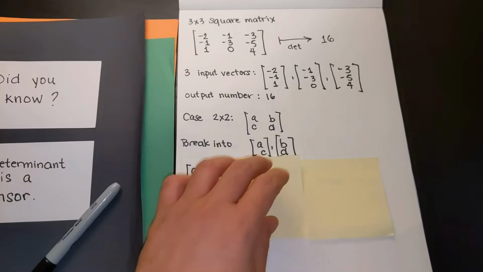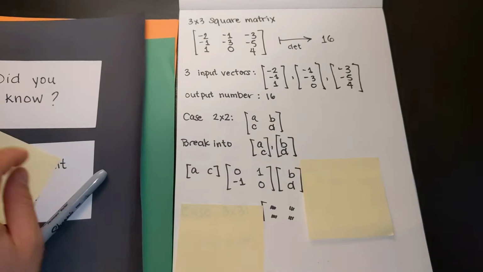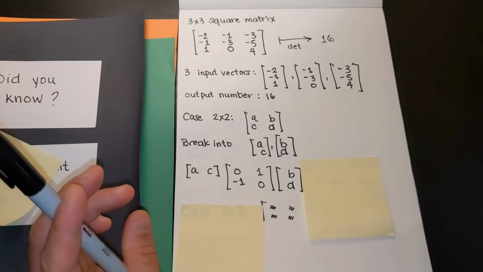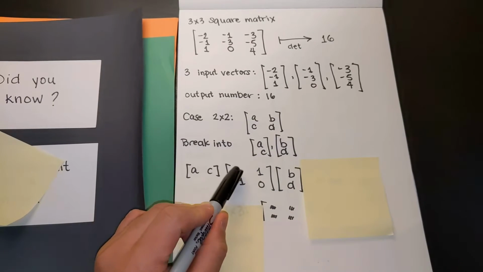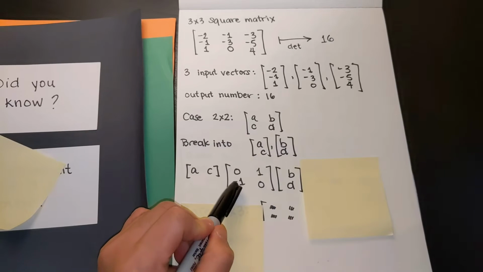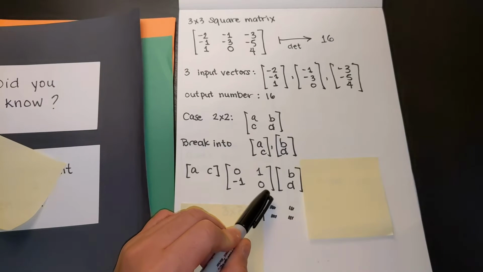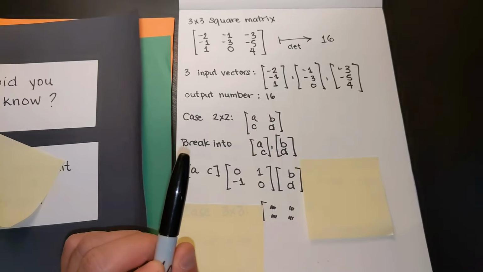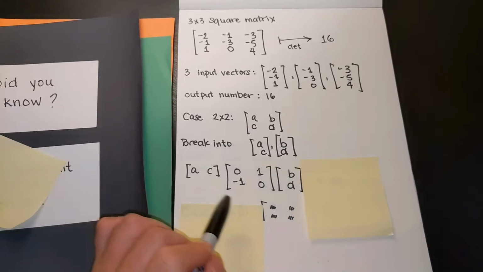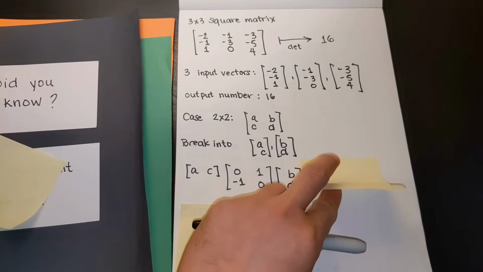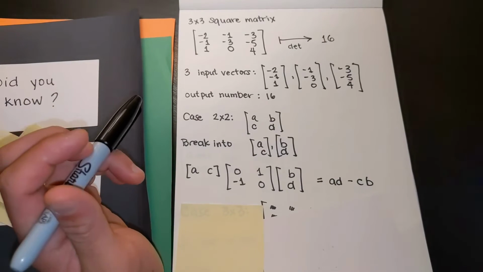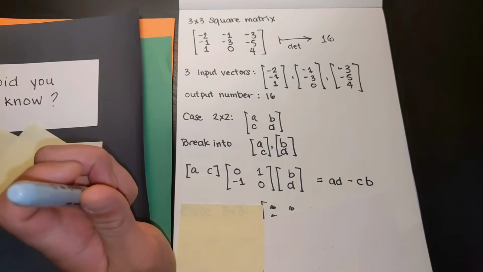Then do this. So this 0, 1, -1, 0 is the matrix form of a 2x2 determinant tensor. If you multiply this out, the result is AD minus CB, which is the formula they tell us in a linear algebra class.